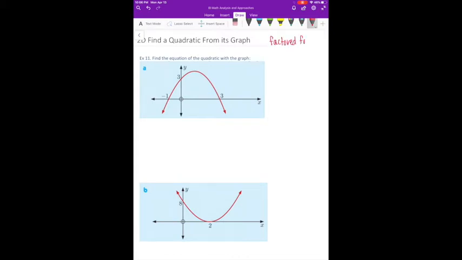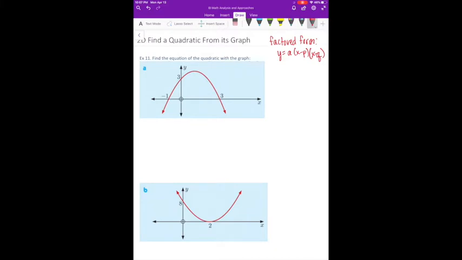Okay, factored form is y equals a times x minus p times x minus q, where p and q are the zeros or the x-intercepts.